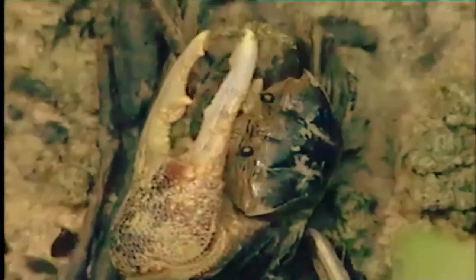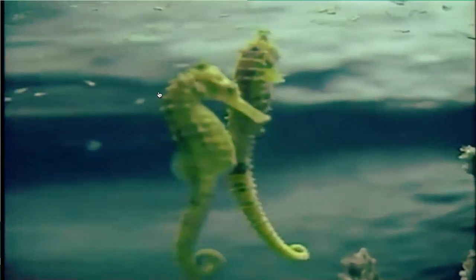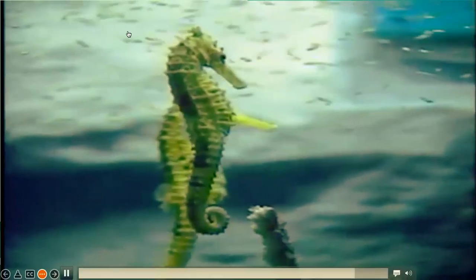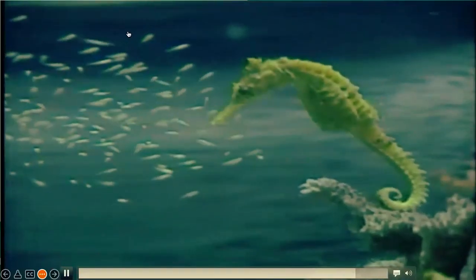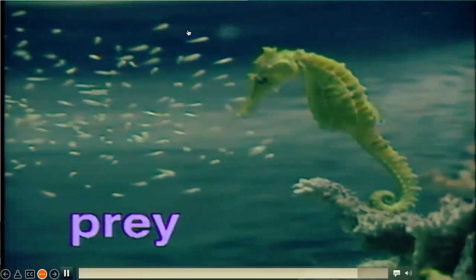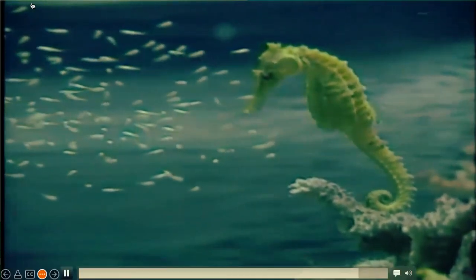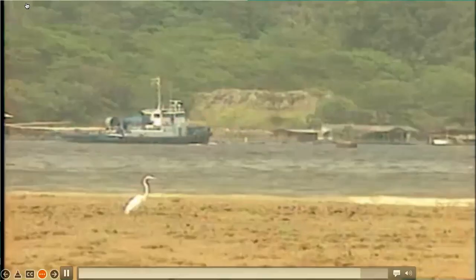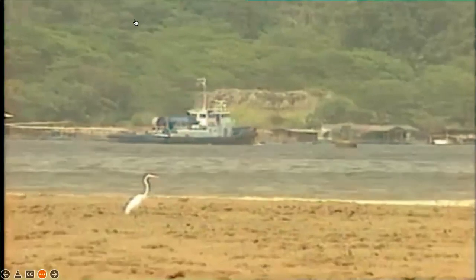Animals that hunt and eat other animals are called predators. And the animals being eaten are called prey. As you have seen, the seashore habitat is affected by many factors. The type of water is one factor.